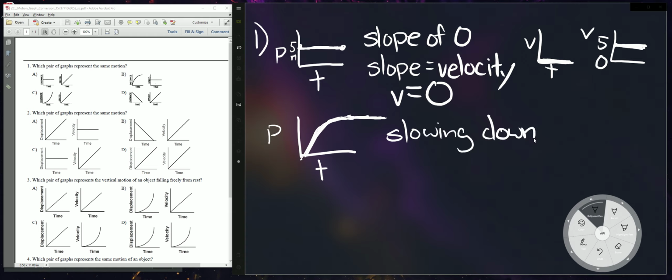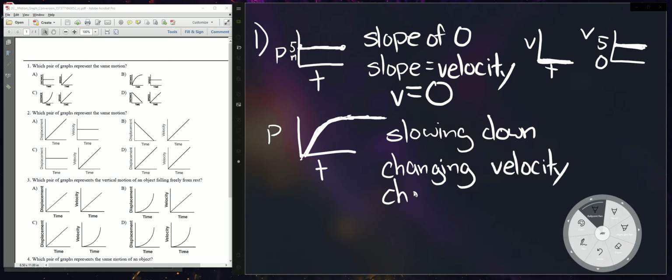I want you to think of it like that. And if it's slowing down, that must mean we have a changing velocity. We know it's a changing velocity because it's a changing slope. That doesn't need clarification. If the slope is changing, then we have a changing velocity. This goes hand in hand.